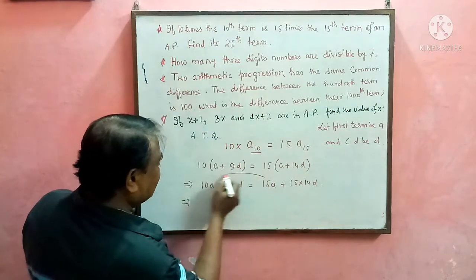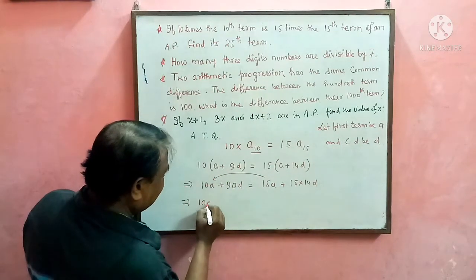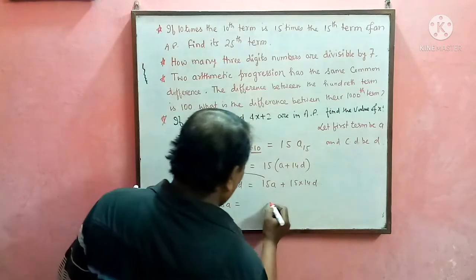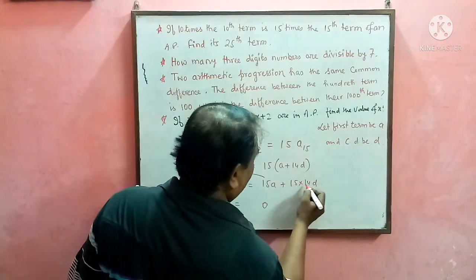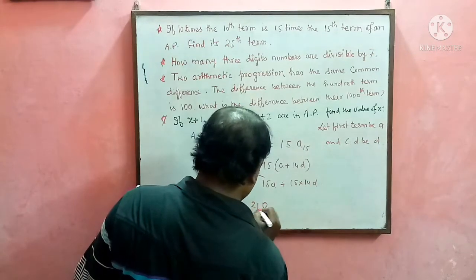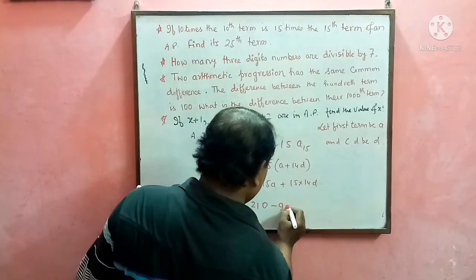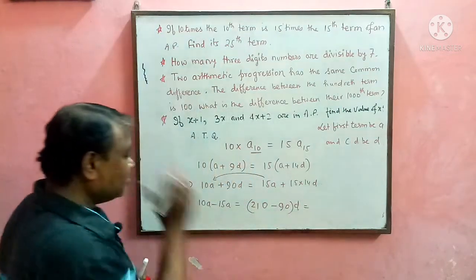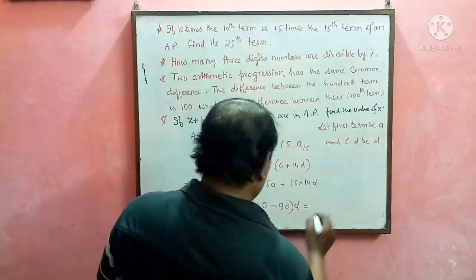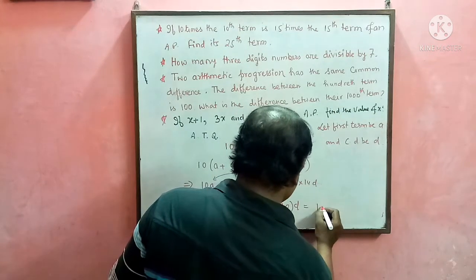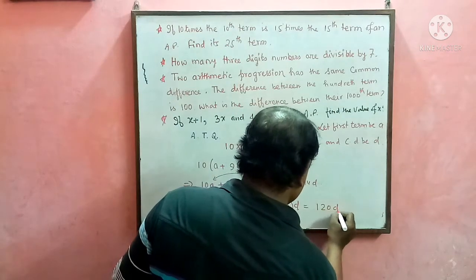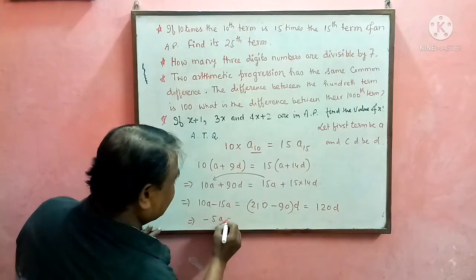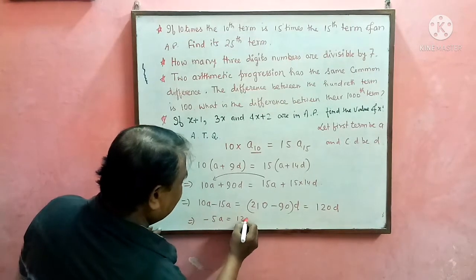So you take this to this side: 10A minus 15A is equal to 15 times 14 is 210 minus 90, take D common. So it is 120D, equal to minus 5A.